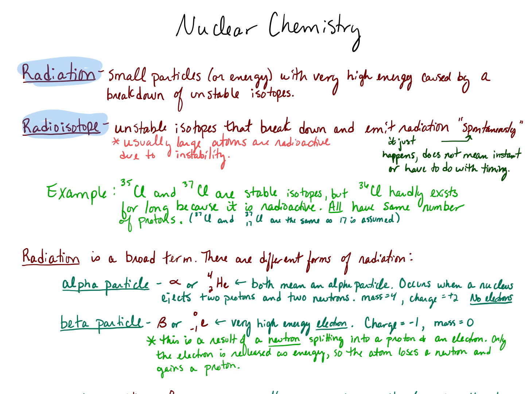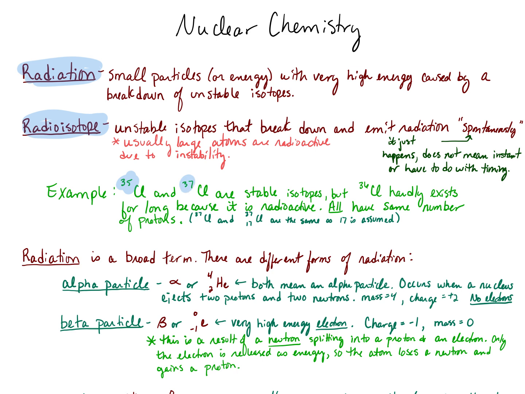Usually we're talking about large atoms that are radioactive. You may be familiar with uranium as being unstable, or certain types of palladium, that are unstable and will emit different types of radiation. Another example that you may be less familiar with: there are two stable isotopes of chlorine, 35 and 37.